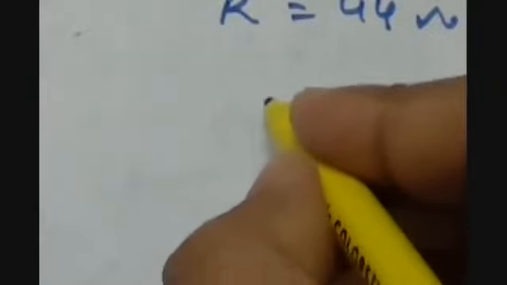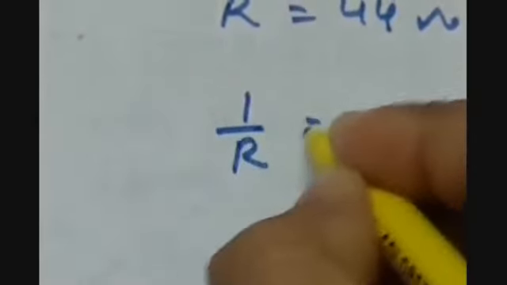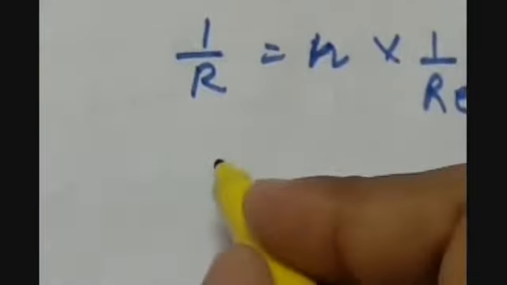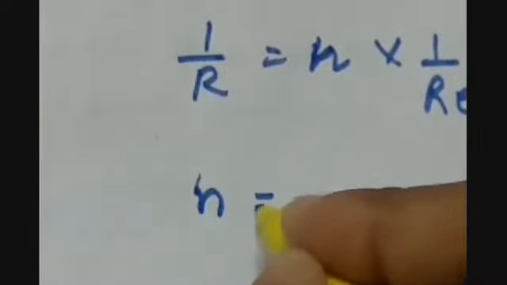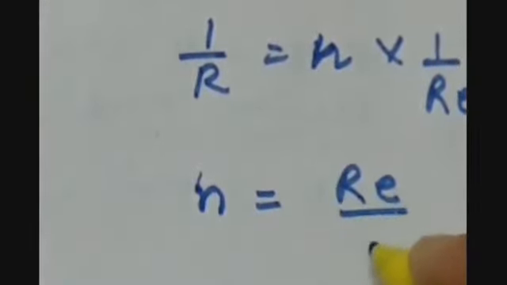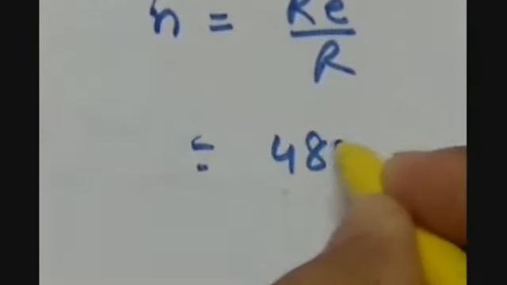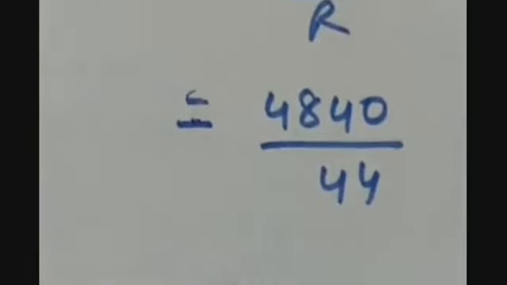So the equivalent resistance would be RE upon N. So we have N is equal to RE upon R, and this value comes out to be 4840 upon 44, because for R we have a value 44.